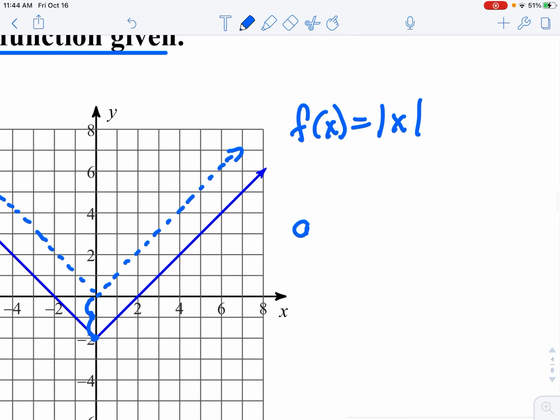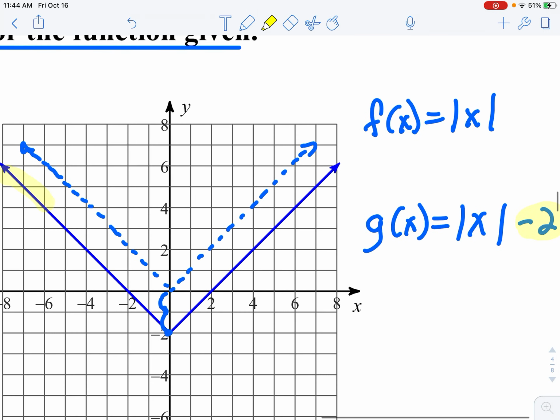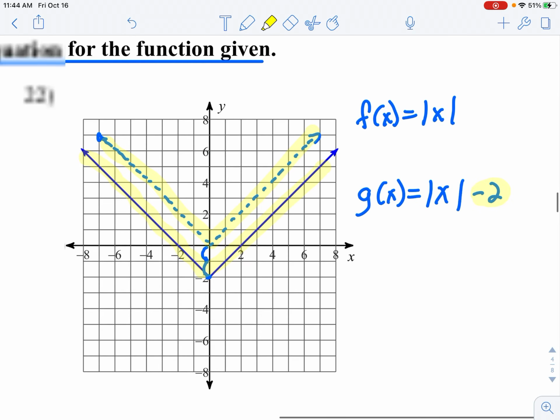So my answer, I'll call g of x, is absolute value of x minus 2, because the graph that's given is 2 units below where an absolute value normally is. So these are the 2 things we need to put in our answer, the parent function and then the function that's actually graphed in the problem.